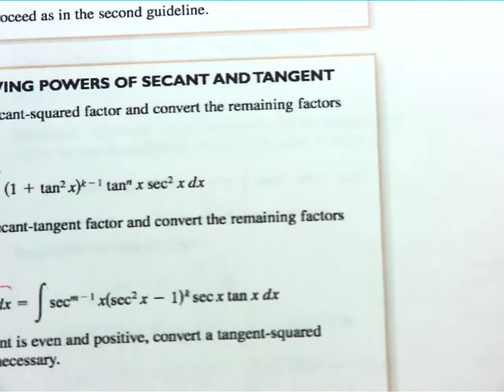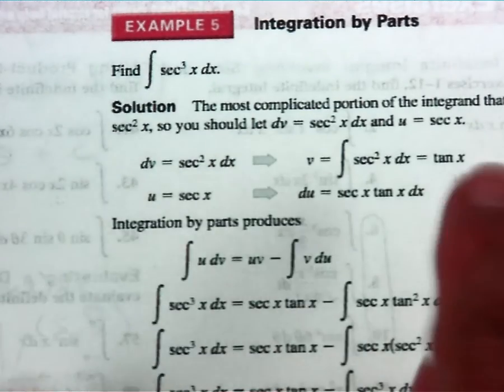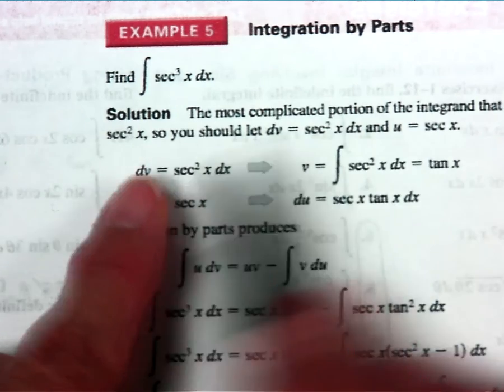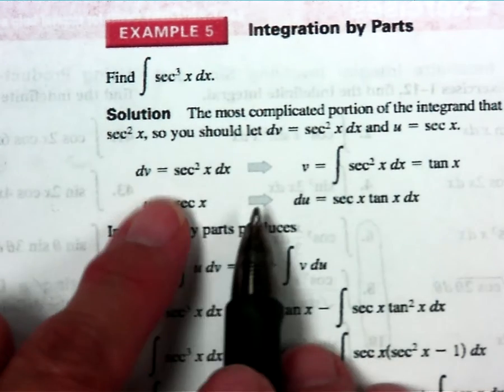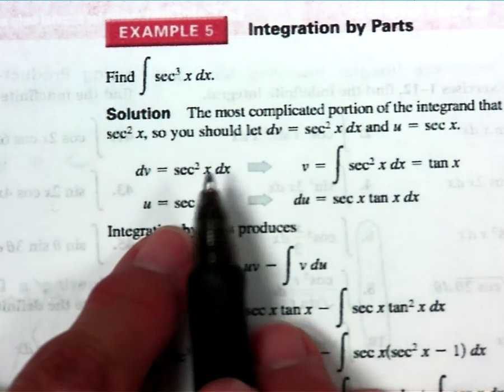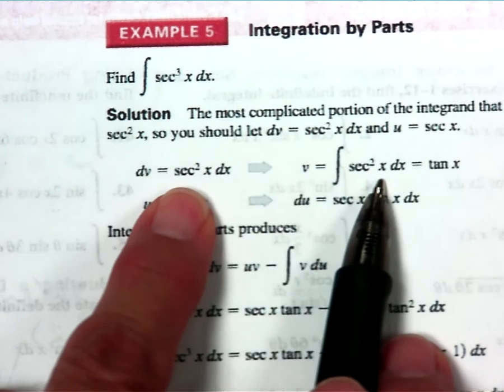Okay, that one's secant cubed, because that's where they first integrated secant to an odd power. They're just reminding you we did this in 8.2 by parts. And so this is example 5 from 8.2. We break the secant cubed into secant squared times secant, and then let u be secant and let dv be secant squared, because I can take the derivative of secant and I can integrate secant squared.